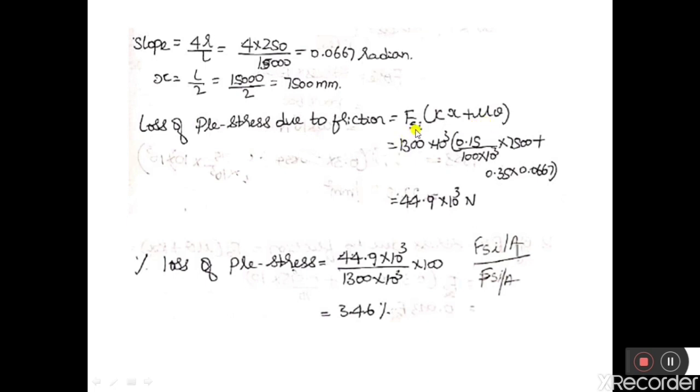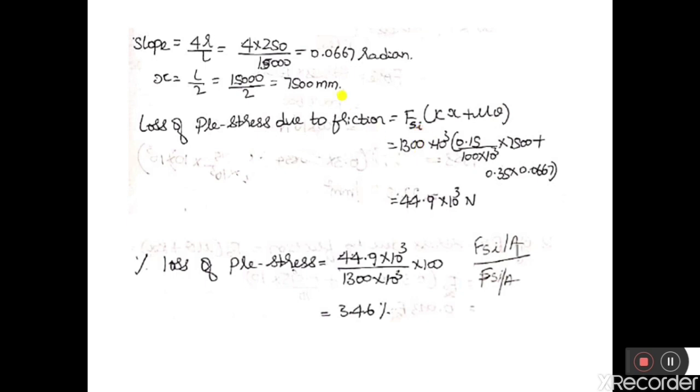So Fsi, initial pre-stress, is not given. We know that stress is equal to force by area. So force is given and we can calculate the area, or else we can keep A as it is without substituting any value. So here I am going to substitute Fsi, that is initial pre-stress, which is equal to initial pre-stressing force by area.